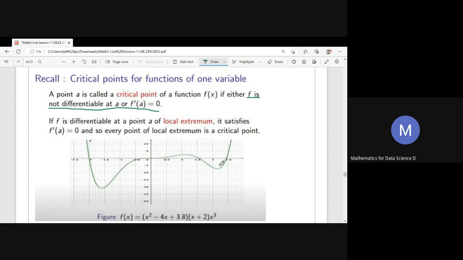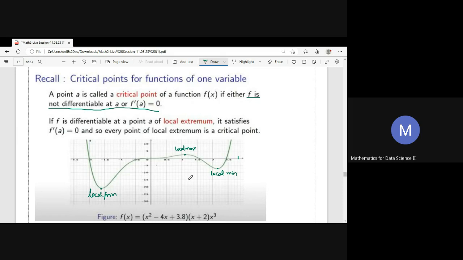Maybe this point here is a local maximum, and here this is a local minimum. And here this is again a local as well as global minimum, depending on the domain given to you.